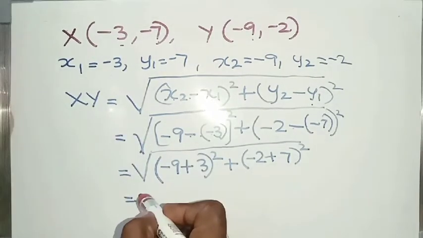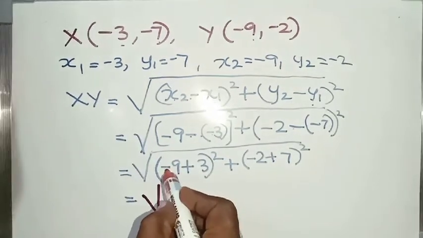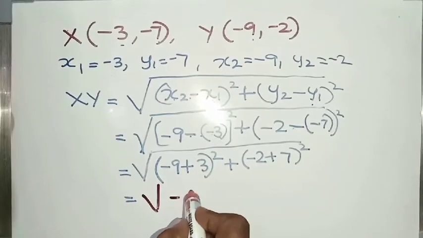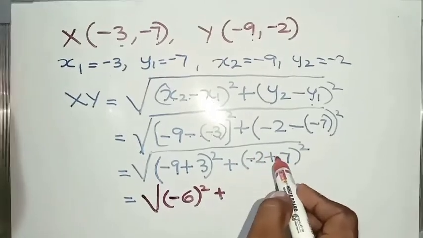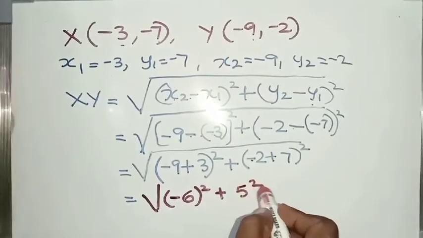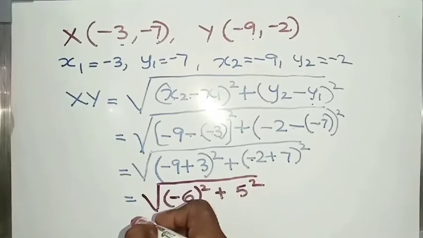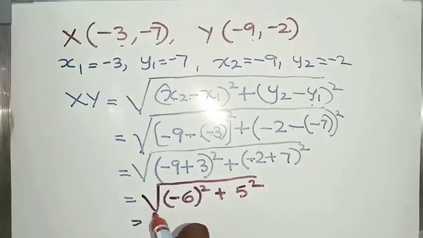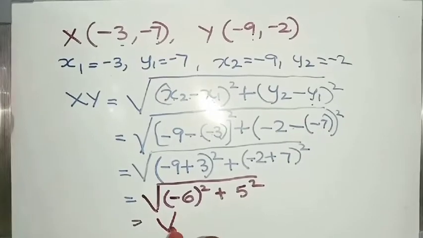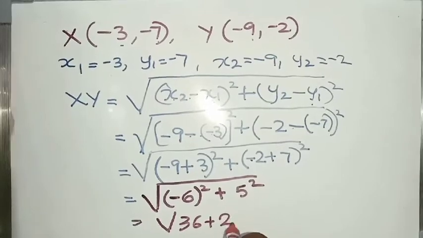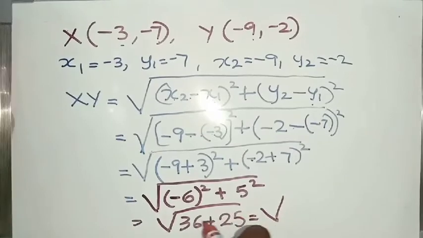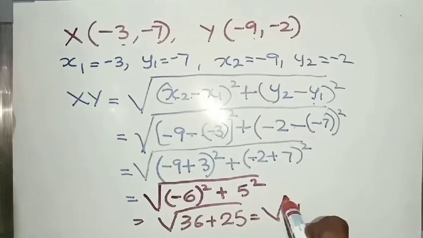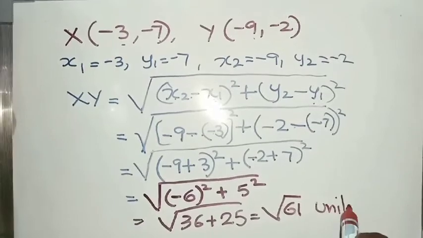That is square root of minus 9 plus 3 is minus 6, the whole squared, plus minus 2 plus 7 is 5 squared, which is under the root minus 6 squared is 36 plus 5 squared is 25. We get square root of 36 plus 25, which is 61 units as the answer.